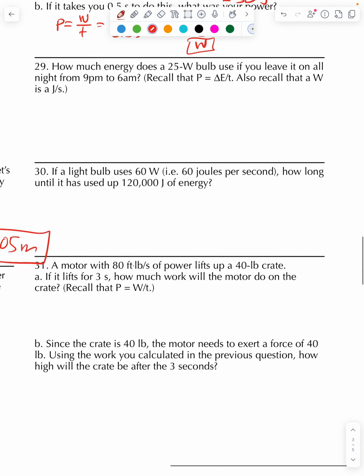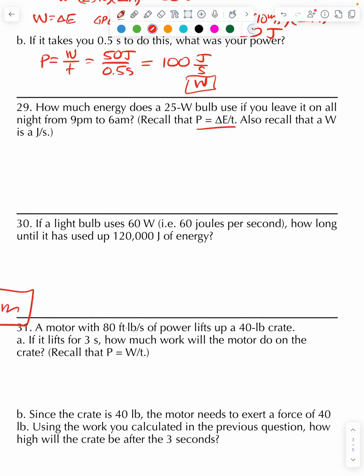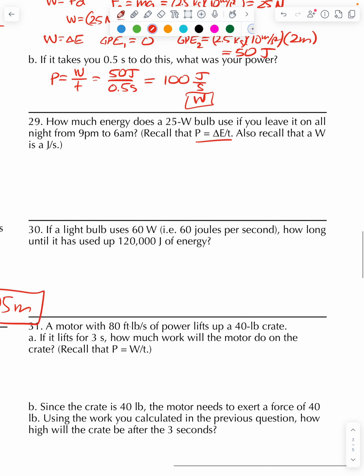Okay, a few more questions. I've got to do this before the battery's dead. How much energy does a 25 watt bulb use if you leave it on all night from 9 p.m. to 6 a.m.? So a reminder, again, you'll have these written down, that the power is the energy that is changing, in this case we're consuming energy, divided by the time.